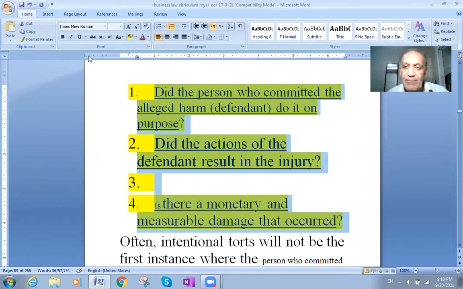To make sure about the tort, the reason of tort, and when it will be counted as a tort in the courts. The court will consider it a tort, like we said, if it is done on purpose, and there is injury and there is damage.